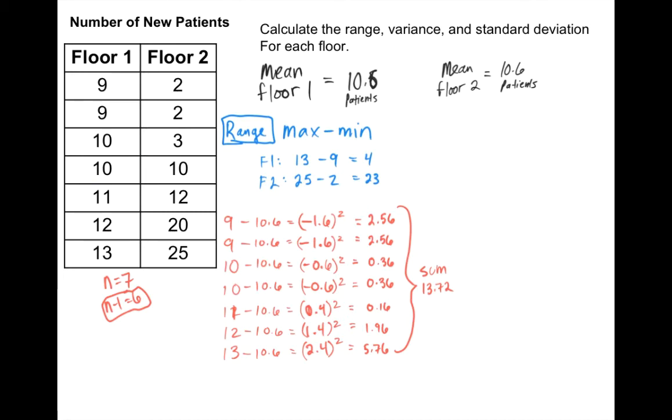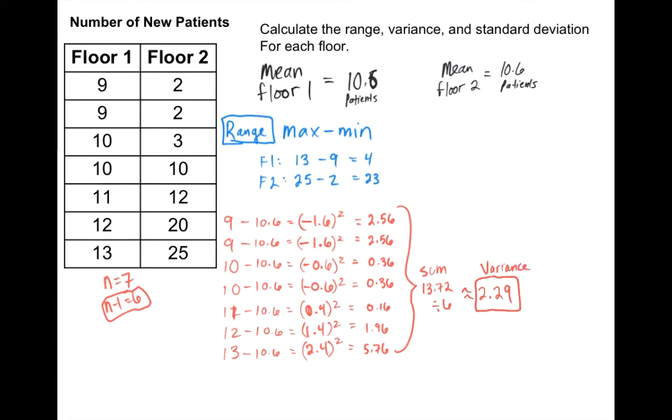So if I take 13.72 and I divide it by 6, I will get approximately 2.29. We finally have arrived at our variance. This is our variance, 2.29.